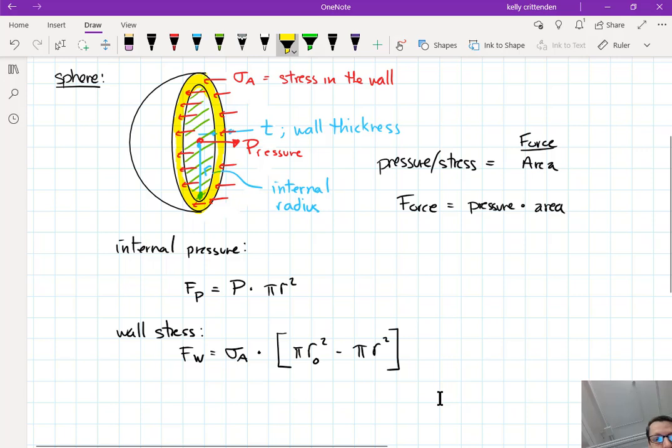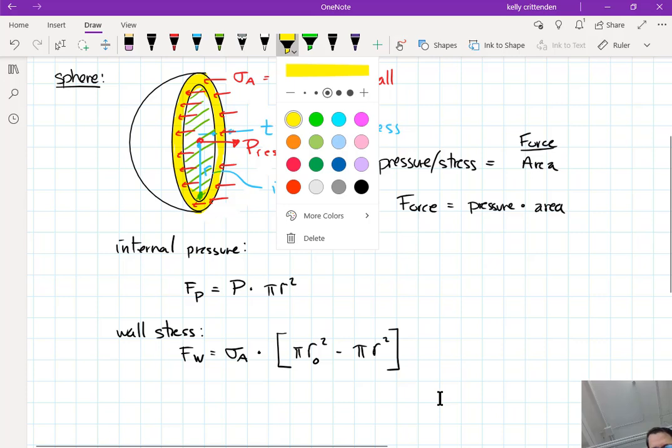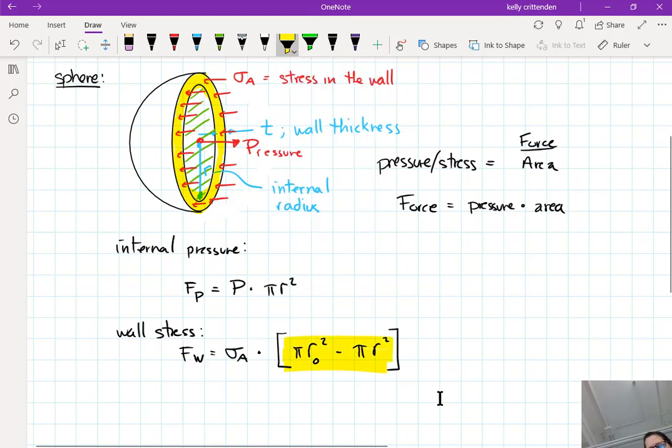Which is right, but a lot of times when I have specific cases, like this specific case where it's a thin wall pressure vessel, I made it a thin wall pressure vessel for a reason. One of those reasons is that thin wall pressure vessels are common things, but also the distinction between thin and thick wall lets me do a little bit of not trickery, but I can change this up a little bit.